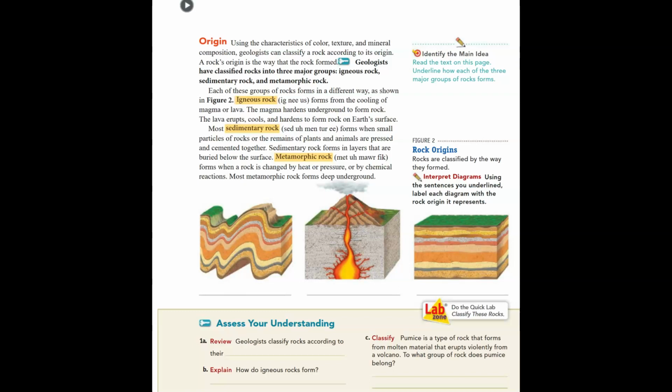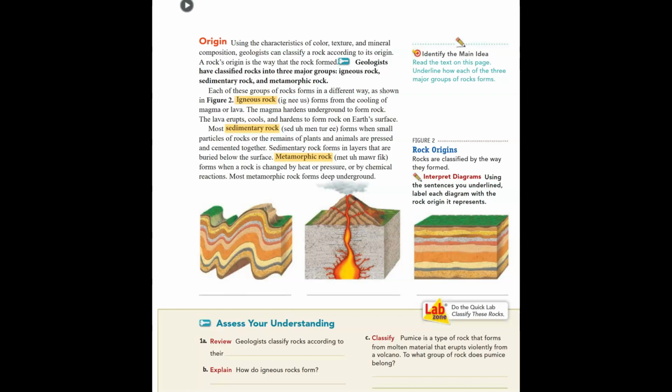Which one of these shows magma and lava? The middle picture with a volcano. So that is what igneous is. And then sedimentary, they say they are pressed and cemented together and they form in layers. So the final one that looks like we have different layers, not all smushed together, but just flat, straight, like little blankets. That last one would be sedimentary.